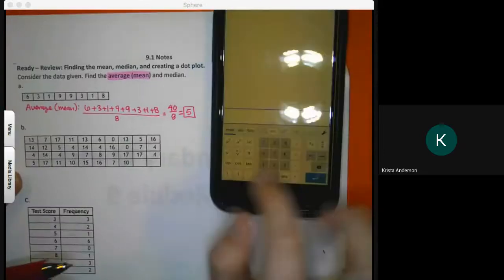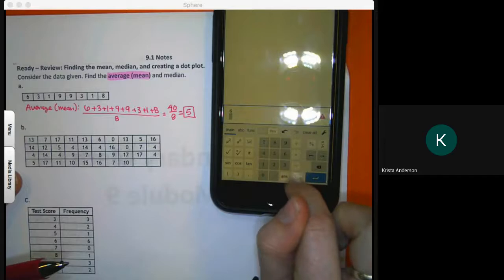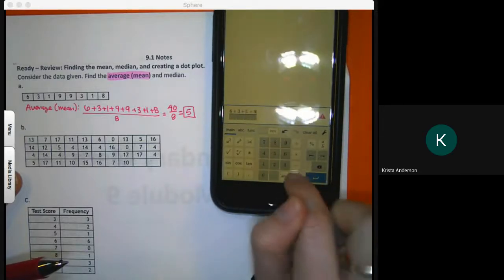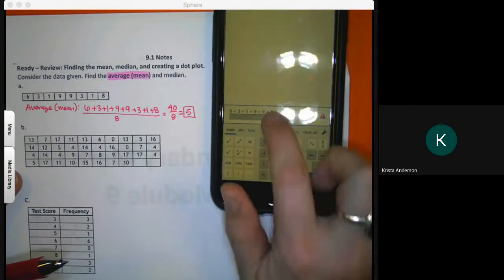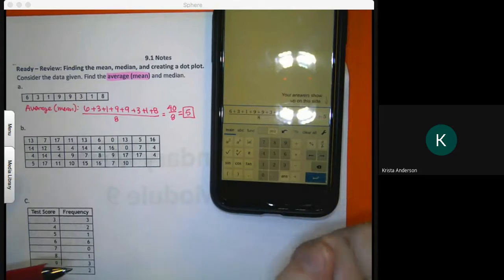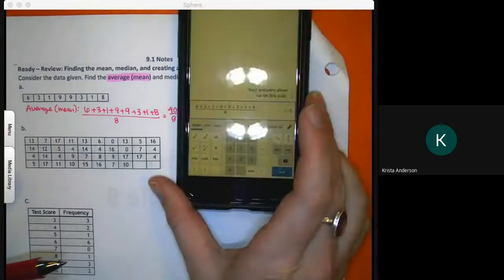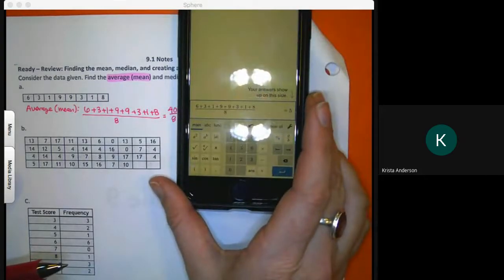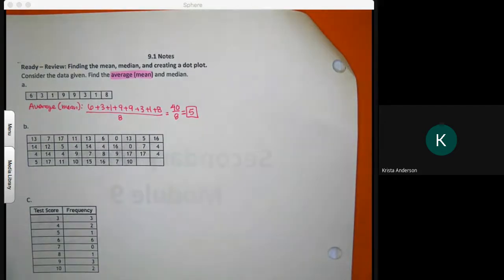I'm going to check: on the top I had 6 plus 3 plus 1 plus 9 plus 9 plus 3 plus 1 plus 8 over 8 is 5. Sorry about the glare. So you can add them all up and it gives you 5 for the average, or the mean.